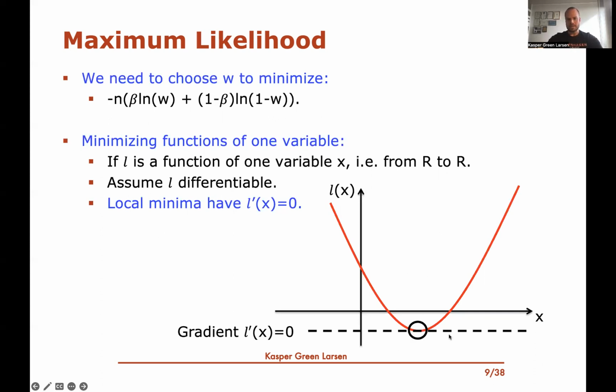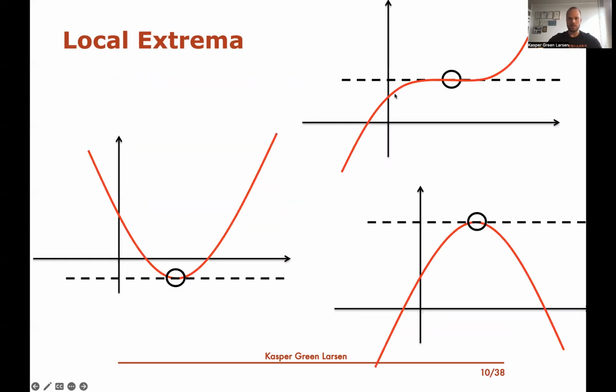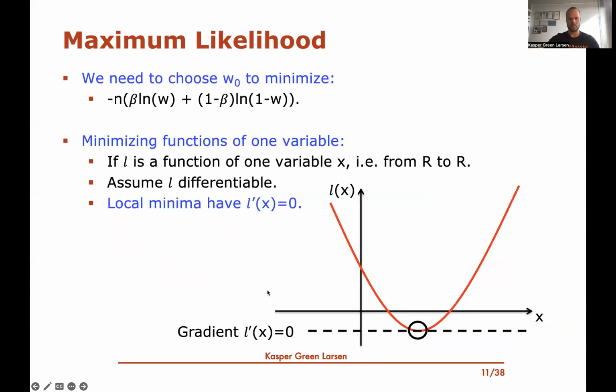But of course, the issue is that you could also have local maxima and saddle points, right? So we can have all of these three situations here where the derivative or gradient is 0. Okay, so we don't know which one it is, but at least if we find a minimum, then it must have a gradient of 0. So that's the first observation that we'll be building on.